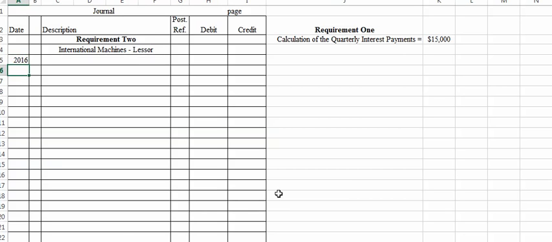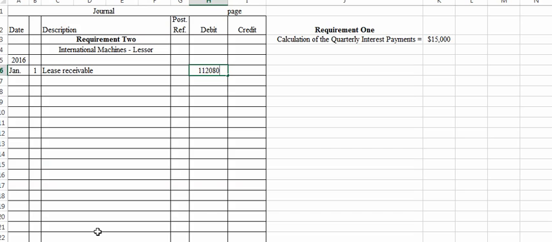Dealing with January 1st, 2016, first, International Machines will debit lease receivable for the fair value of the equipment that they're selling to manufacturer Southern, $112,080.